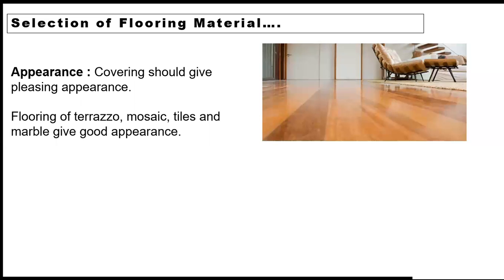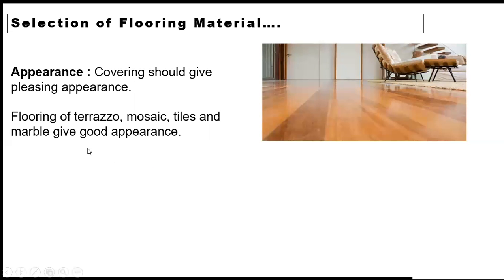So if your prime requirement is that the floor of your building should look very good, it should give a pleasing appearance, then flooring material can be of various types. You can use tiles, you can use marble or any decorative pieces, because nowadays we are switching over to tiles instead of marbles. Somewhere we are still using marble.